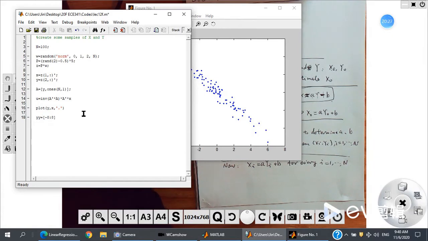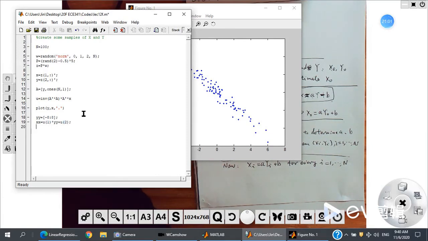I use this as y, just for that straight line, the line of the regression. And the x will be U of y is A times y, plus b, which is U of 2. So I have x.